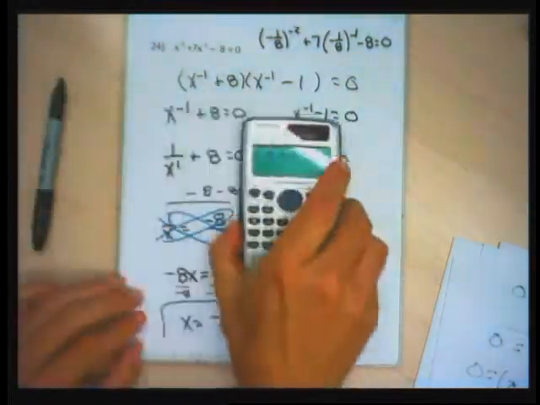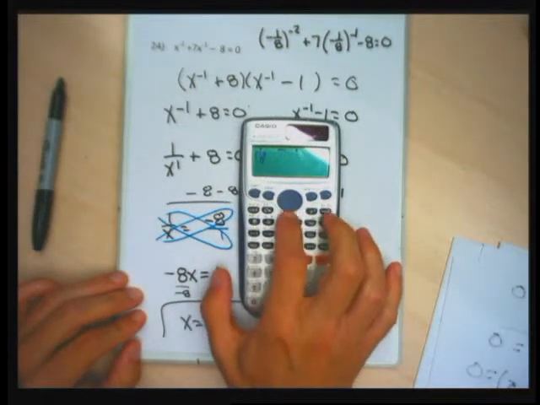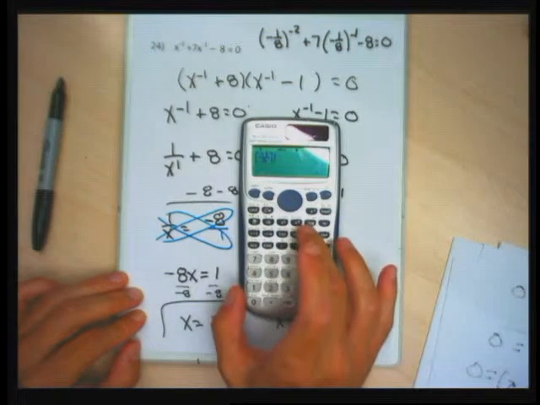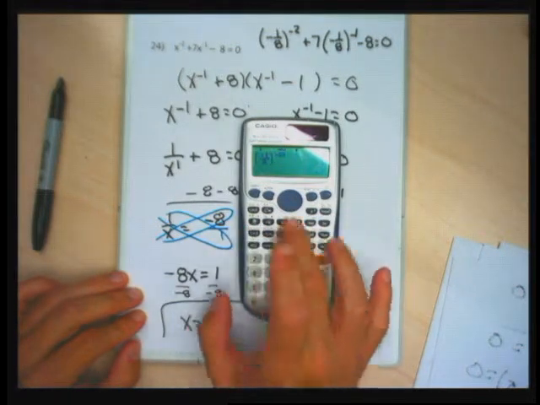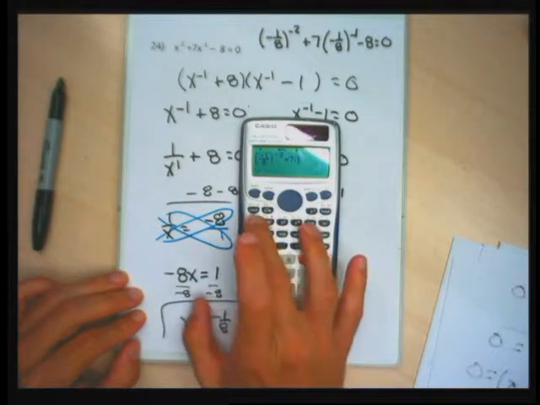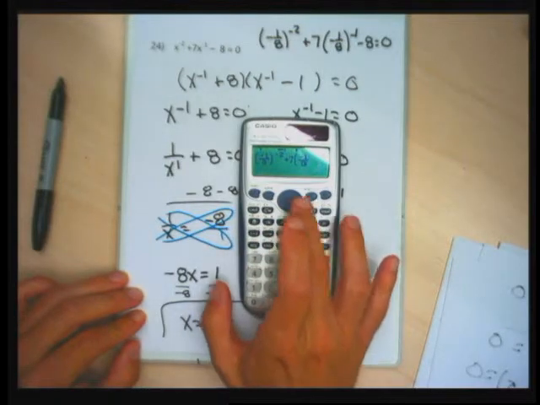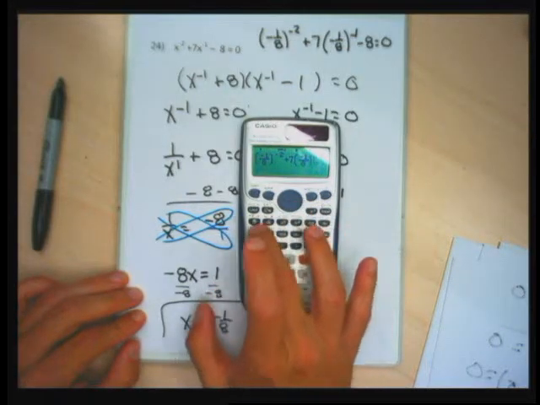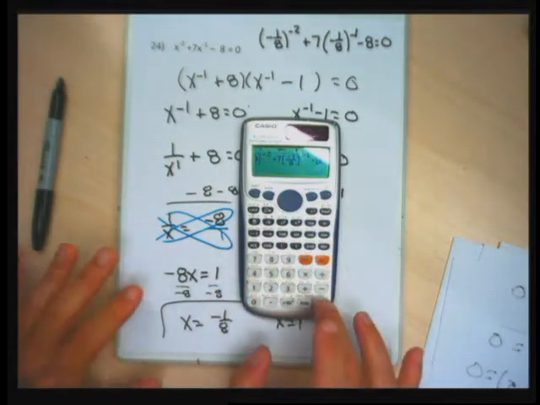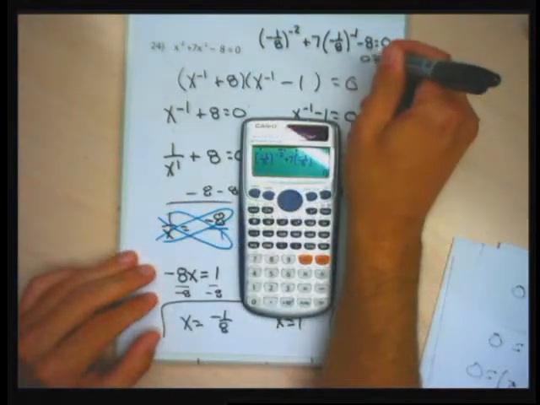So check that quickly: (negative 1 over 8) to the negative 2, plus 7 times (negative 1 over 8) to the negative 1, minus 8. Hopefully I see 0. Beautiful. So I've checked the negative 1/8.